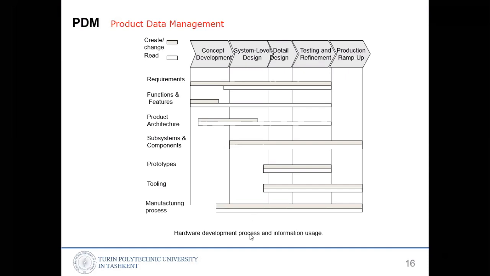So to reduce those errors and to reduce the time from concept development up to production ramp-up, that means starting the serial production, a lot of time was needed between these stages at that time. But nowadays producers and designers use techniques or tools like PDM, PLM.